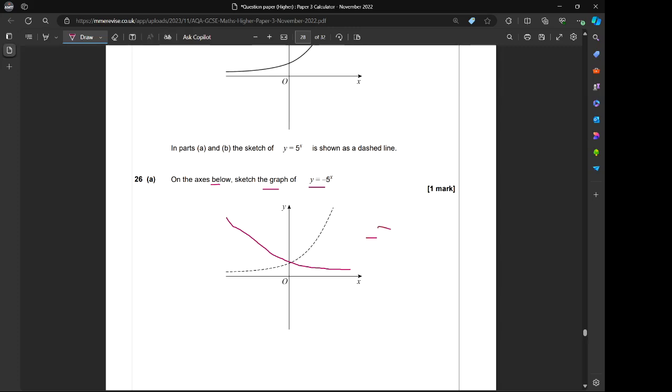Think of it as minus 5 squared, minus 5 cubed, minus 5 to the minus 1, minus 5 to the power of 0, that'll be positive 1. Wait, can I double check here? Is that right? Let me just double check here.